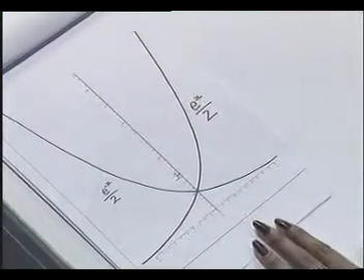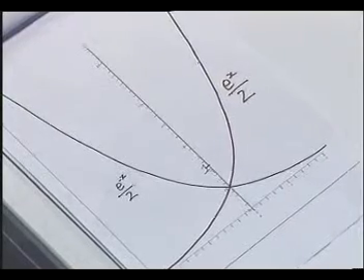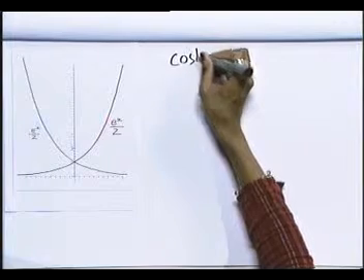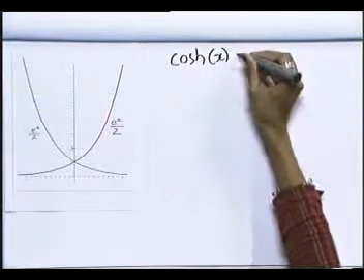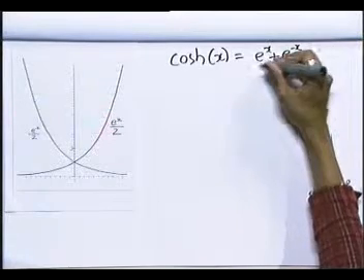Now we can use our knowledge of the graphs of e to the x to work out the graphs of shine x and cosh x. Here I've got some graphs of e to the x over 2 and e to the minus x over 2. First, we'll work out what cosh of 0 is. I'll quickly remind you that cosh of x is e to the x plus e to the minus x over 2.